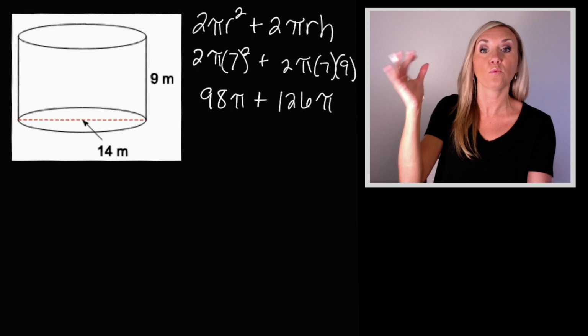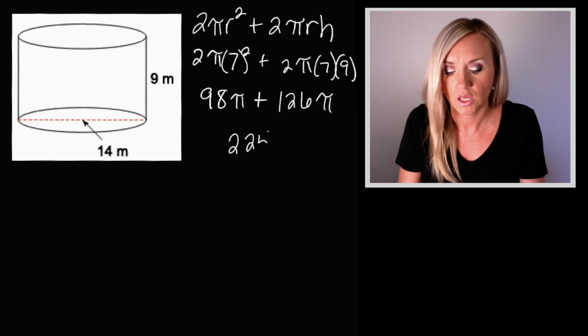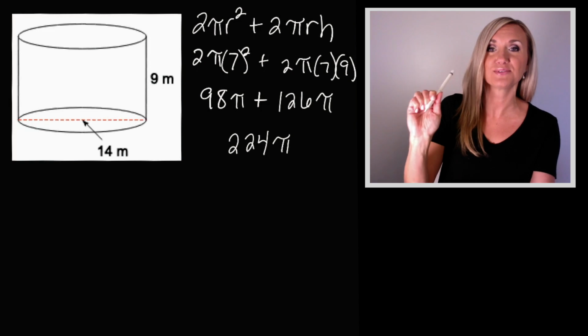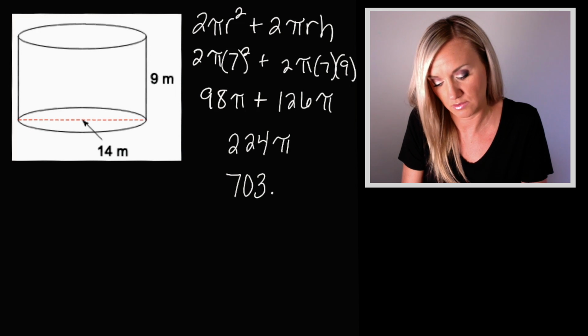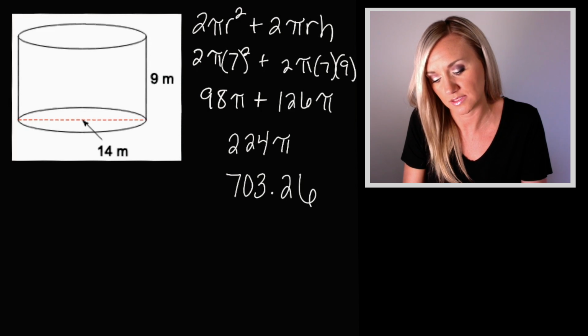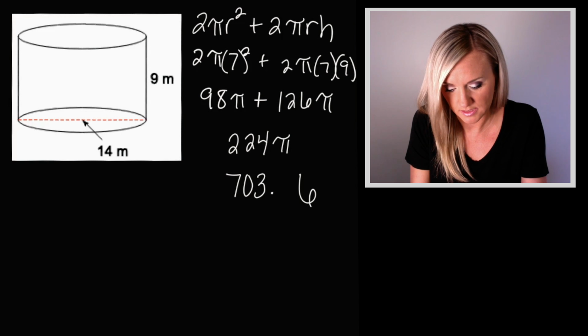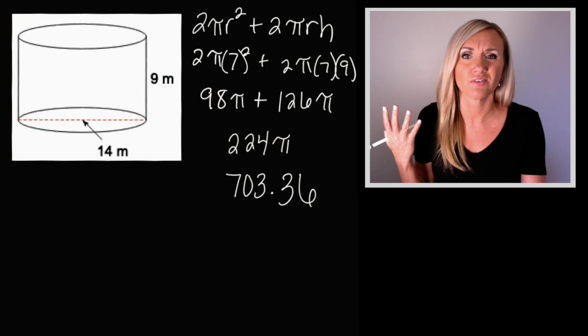And then now we can add them together to give us 224 pi. And 224 times 3.14 is 703.36. Silly, silly, silly. Blooper, I'm leaving it in.